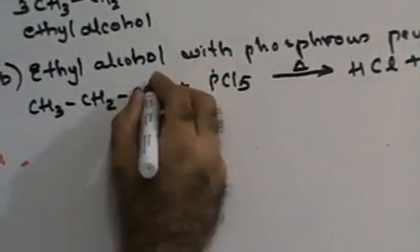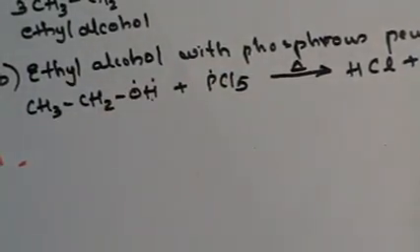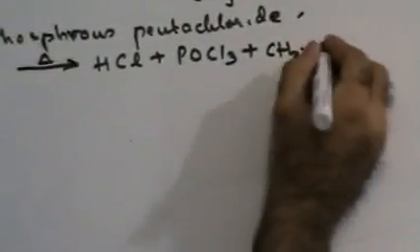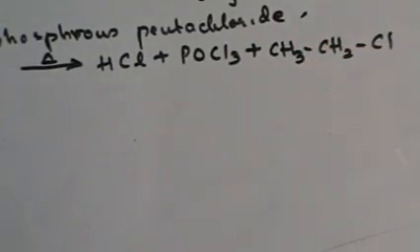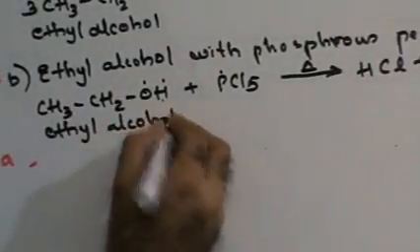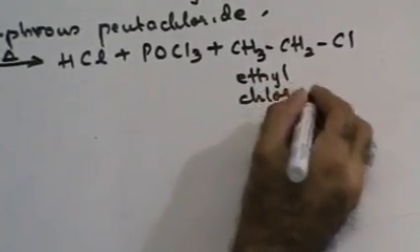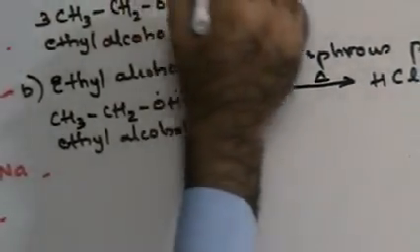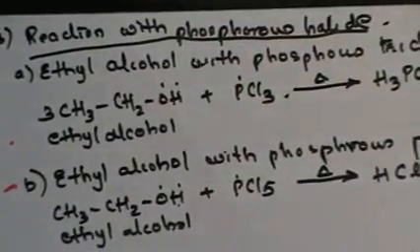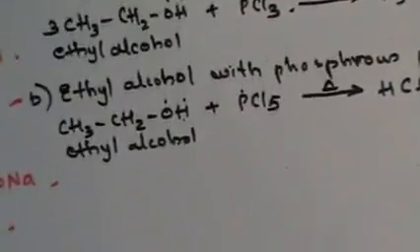So that means oxygen is out, phosphorus is out, hydrogen is out, and 3 chlorines are gone. 4 chlorines are gone. That leaves me with 1 chlorine, CH3CH2Cl. This is ethyl alcohol, and this is ethyl chloride. So that's my reaction with phosphorus halide. Next, let's see the reaction with thionyl chloride.